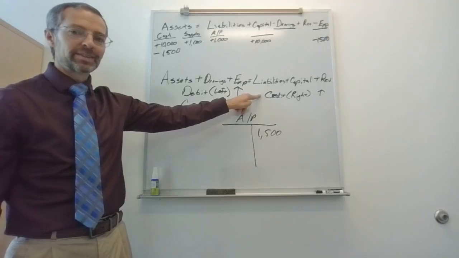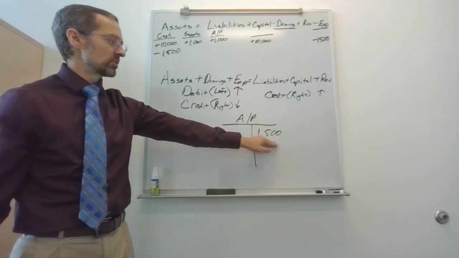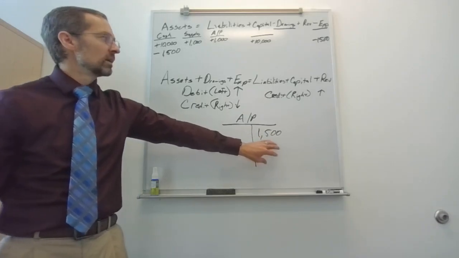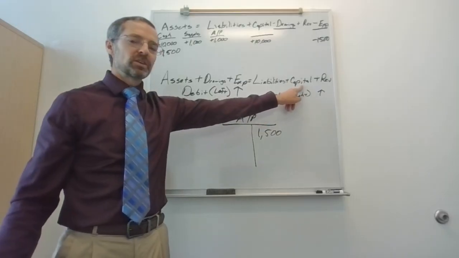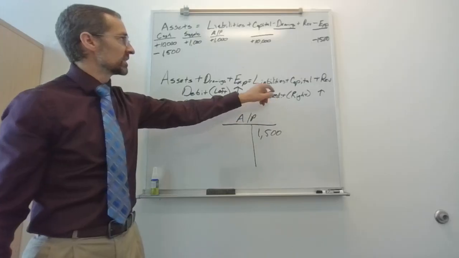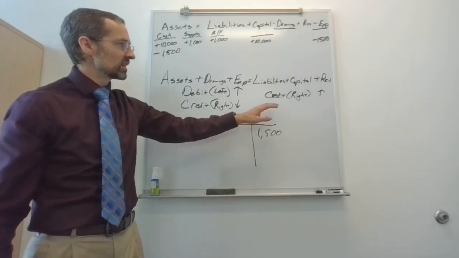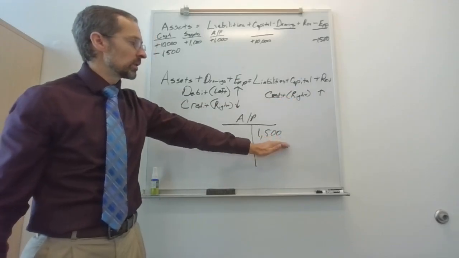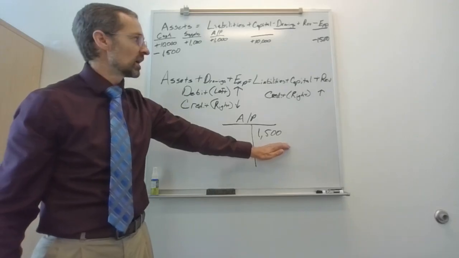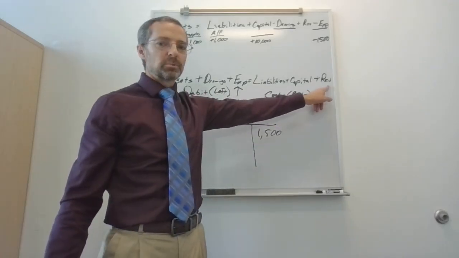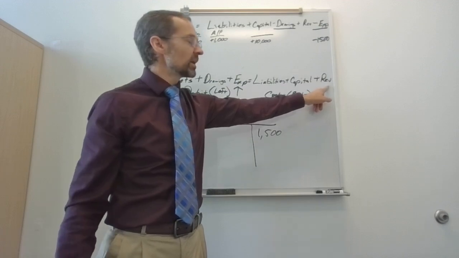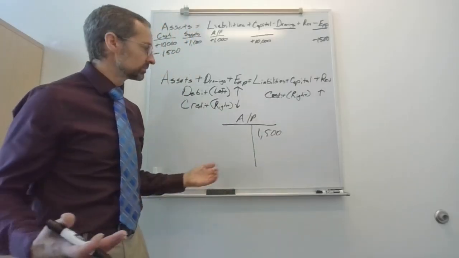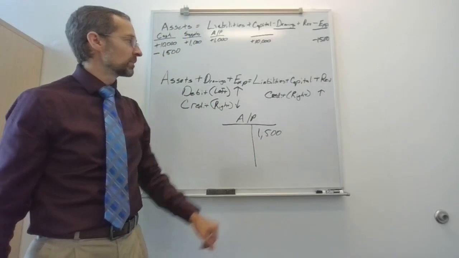I owe more money than I did before. Or if the owner put more capital into the business, for example, the $10,000, the owner has more capital, so I put it on the right side to show that the capital is going up. Or if I earned some more money by doing some work, that's our revenue, to show that I earned more, I put it on the right side.